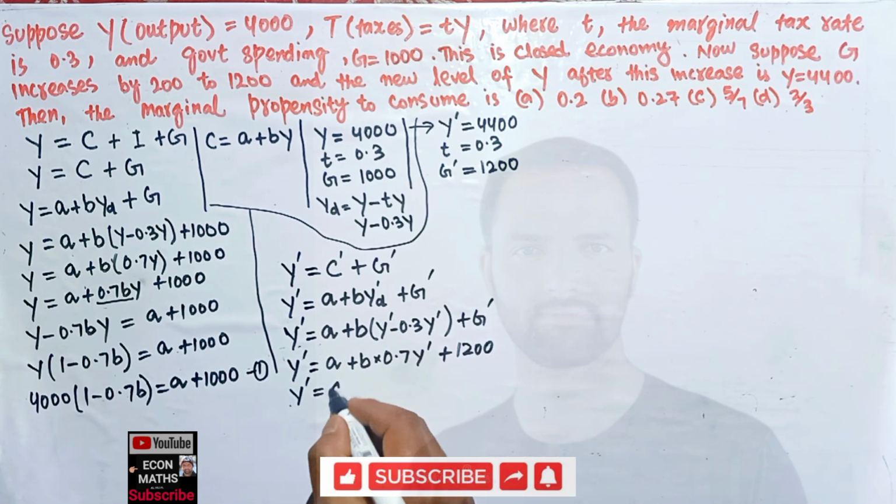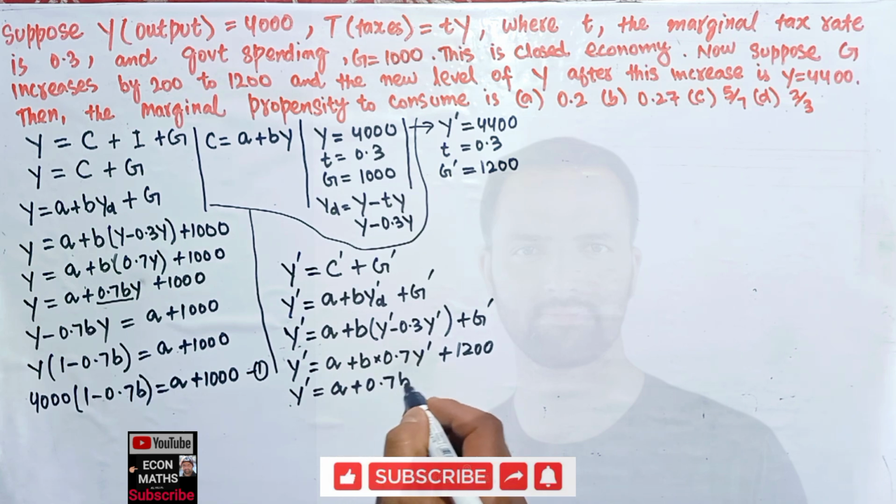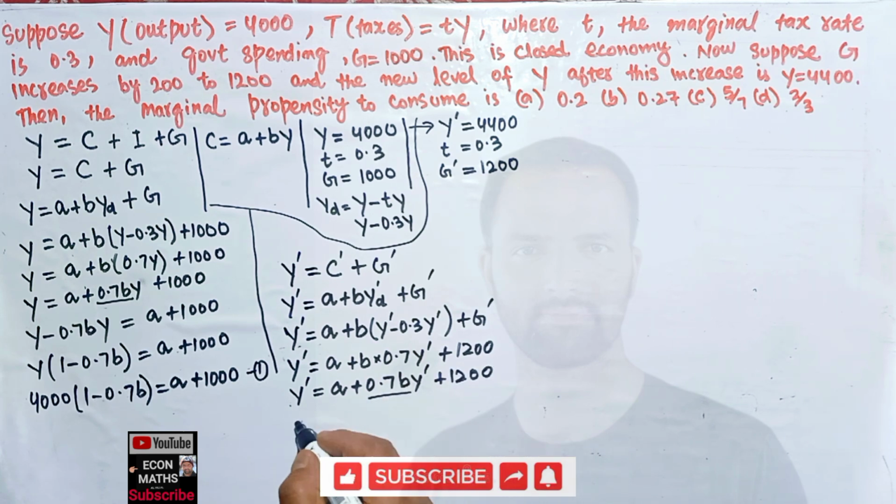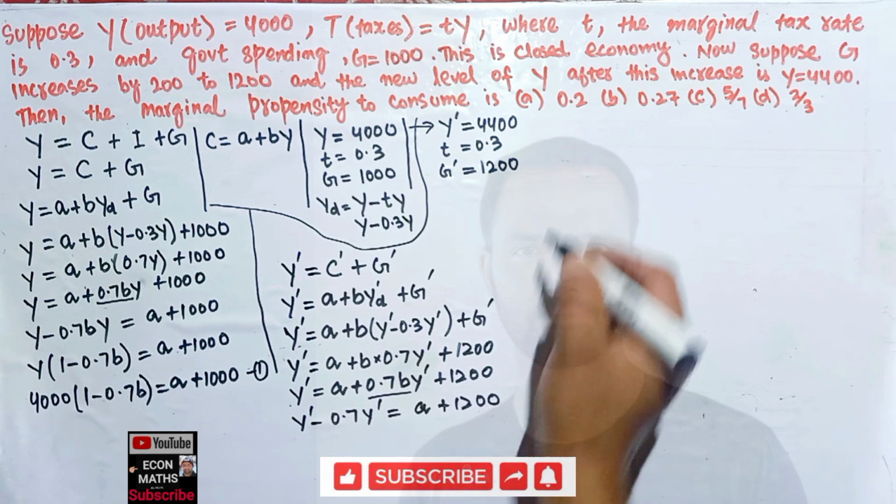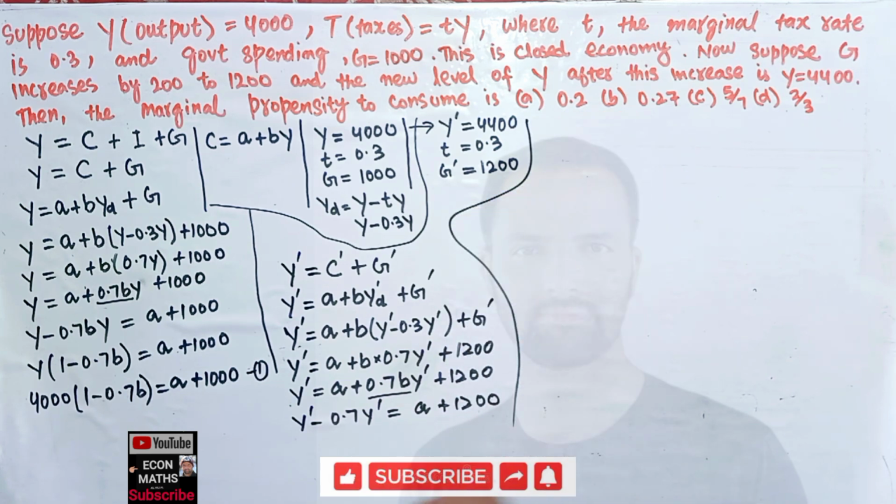Now solving again, y dash is equal to a plus 0.7 b y dash plus 1200. Now transposing again, we have y dash minus 0.7 b y dash is equal to a plus 1200. Or let's take y dash common.